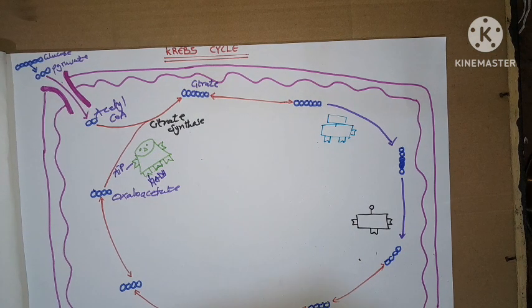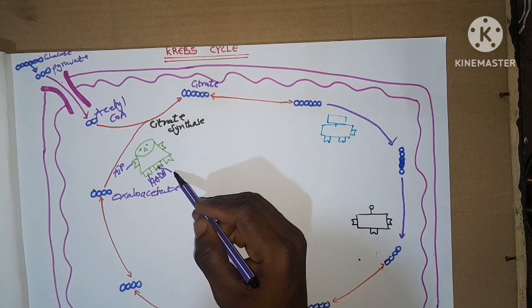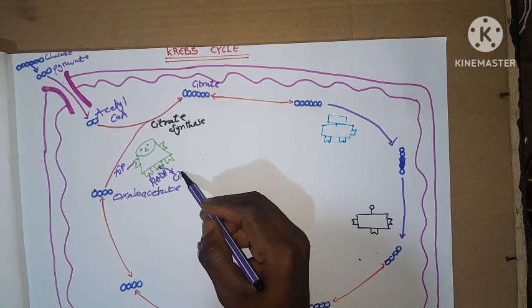And also, citrate is supposed to be converted to isocitrate and not build up. So when you are making too much citrate but it's not being converted to isocitrate, that will also inhibit this enzyme. So citrate itself can also inhibit this enzyme.